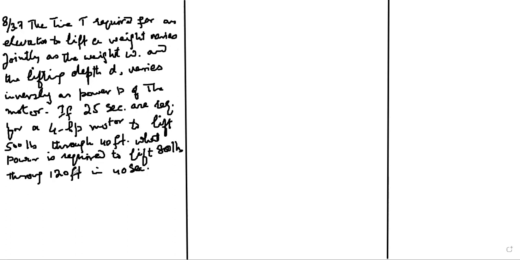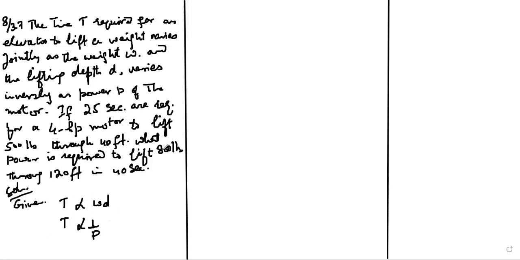So now we are given that there are two proportionals. T is the time, directly proportional to WD, and T is inversely proportional to the power. It means that more power is applied and in less time the load is lifted.